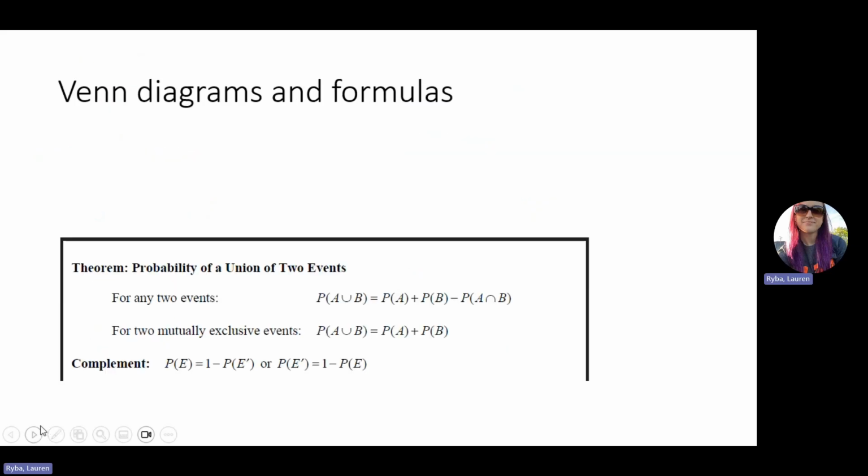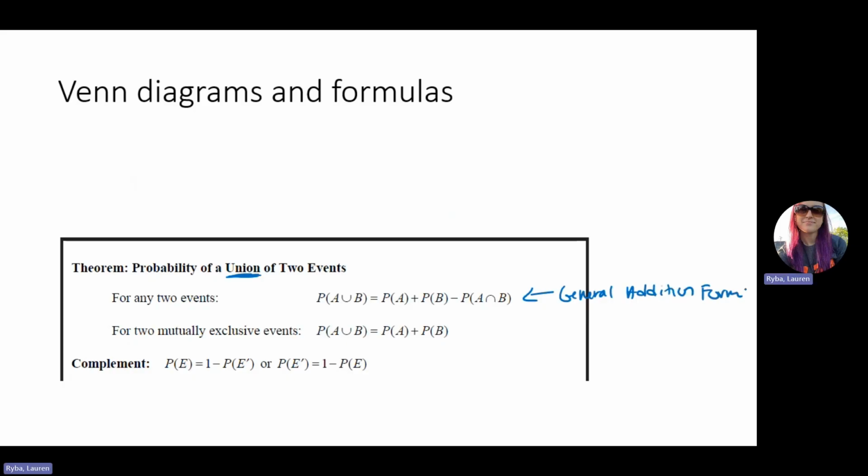All right, on the next slide here, I'm going to give you probability formulas. We've already talked about like how we add them all together. Now we're going to see similar in probability form. So if I want a union for any 2 events, this one up here is called the general addition form.